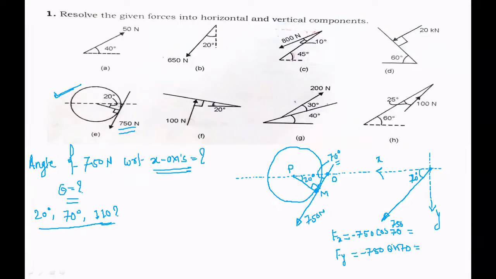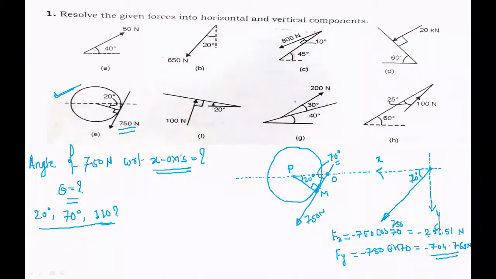So the exact answer for the x and y components: the x component is minus 256.51 Newton, and the y component is minus 704.769 Newton.